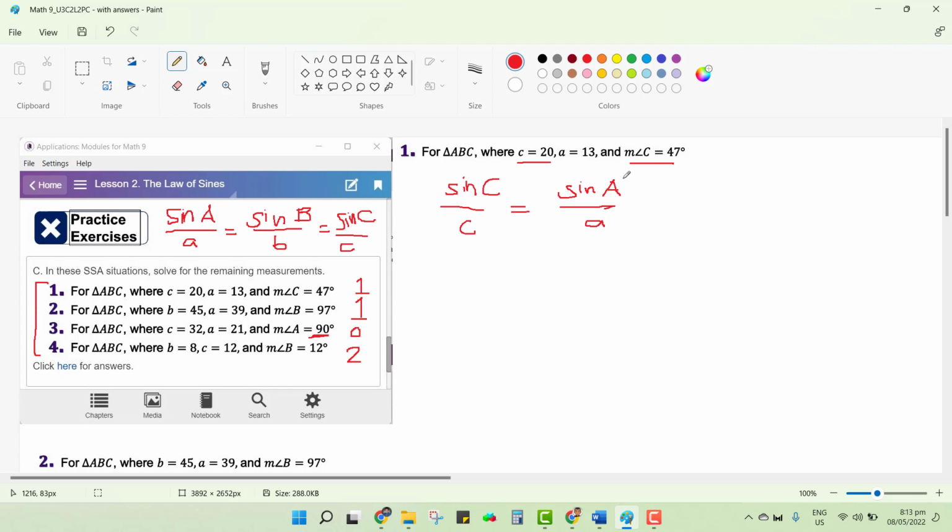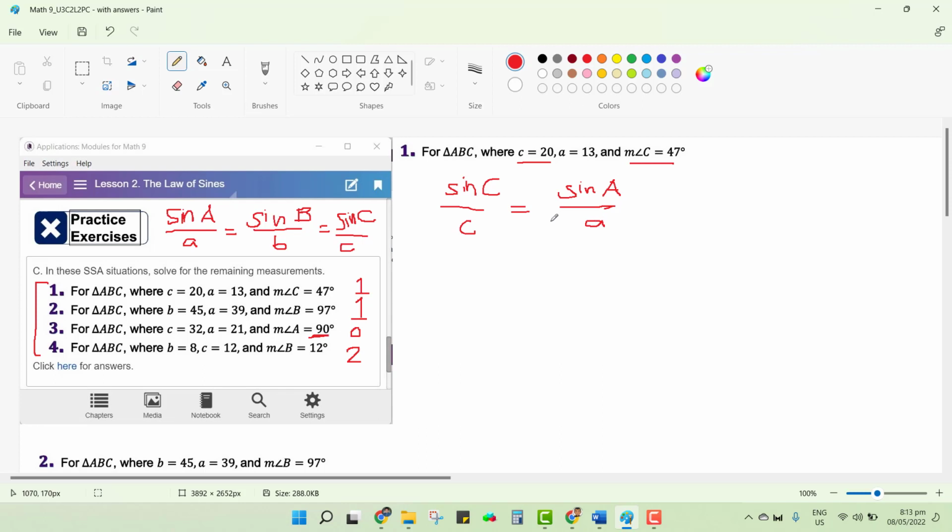Unlike the previous two situations that use the law of sines, which are AAS and ASA, where two angles are already given, and hence in solving the remaining angle we are just using the triangle angle sum theorem, where we subtract the two given angle measurements from 180 degrees to get the remaining one. Here, we are going to solve angle A in this sense.